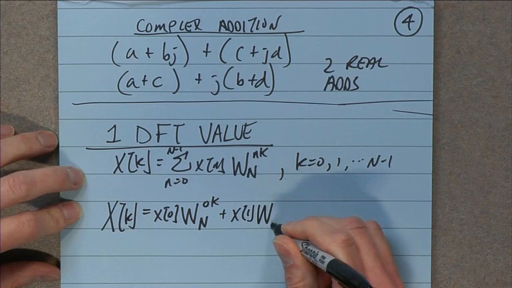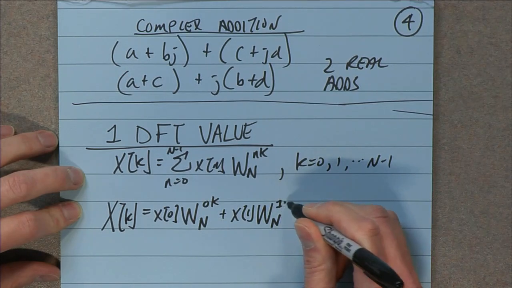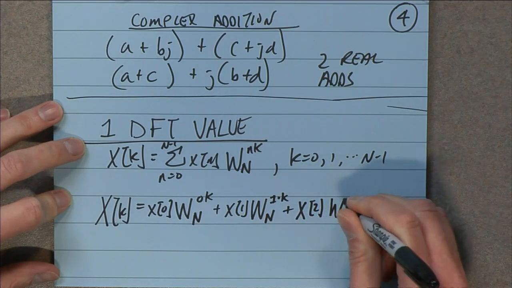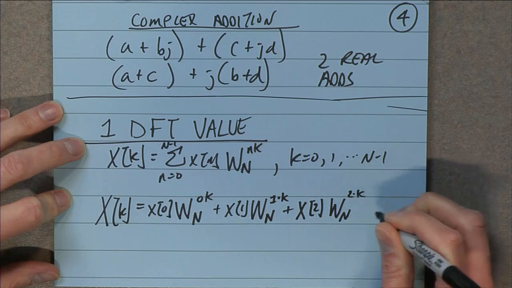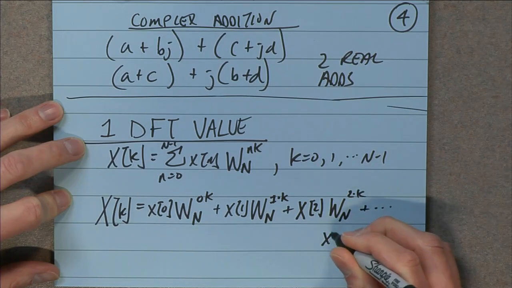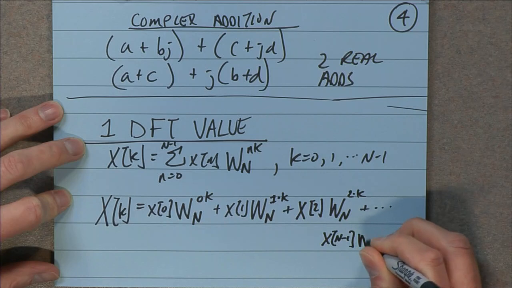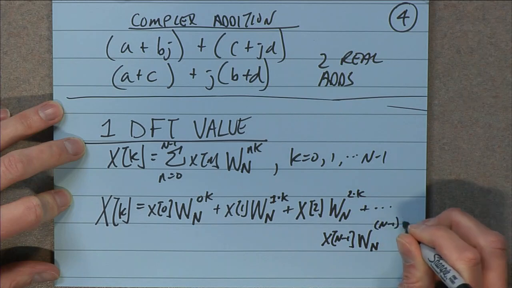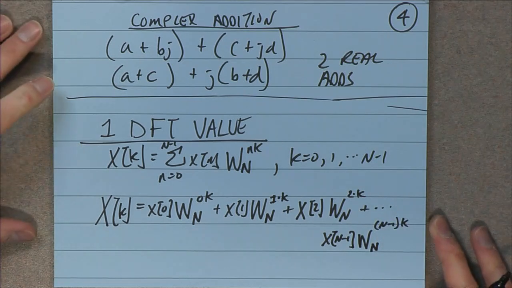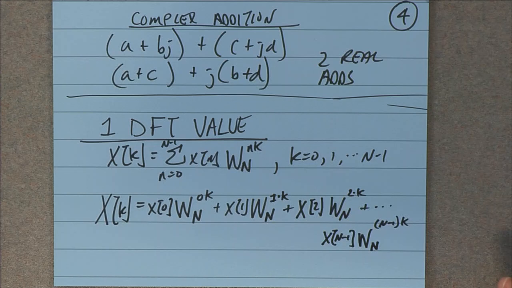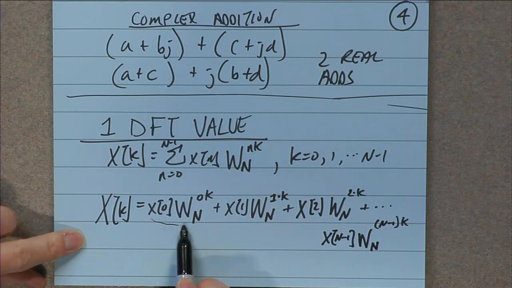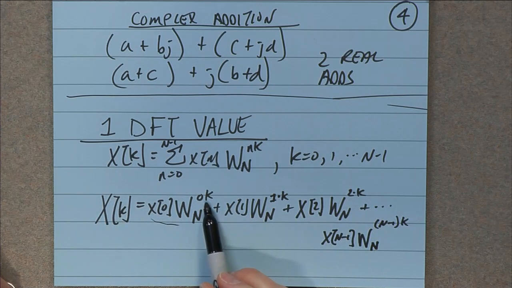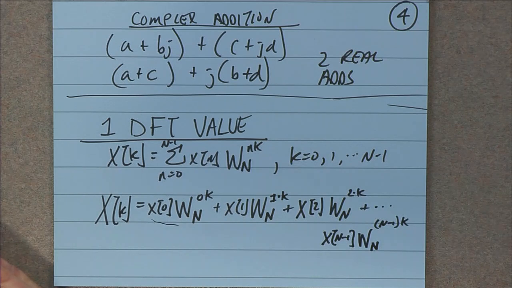x1: now n is 1 times k. Now we've got x2, and you see the pattern until we get to the end, and that's N minus 1 times k. So we've got our entire thing written out. But what's going on here? Except for the first one, which is not really a complex multiply, because anything to the 0 power is 1, so any smart hardware really wouldn't count that one.